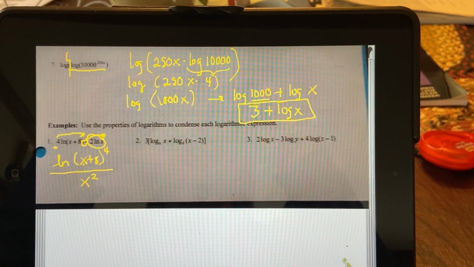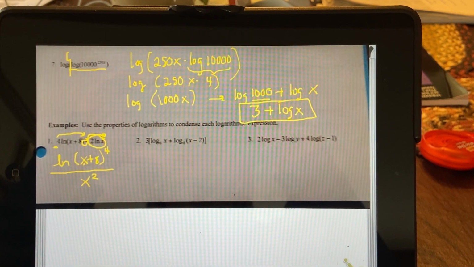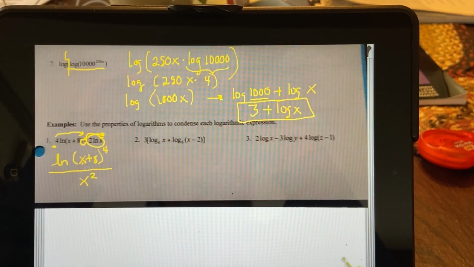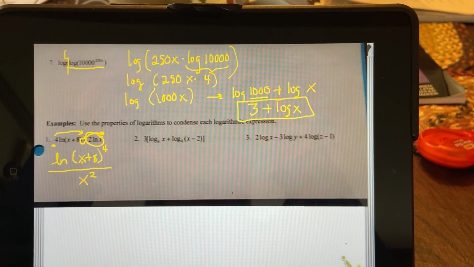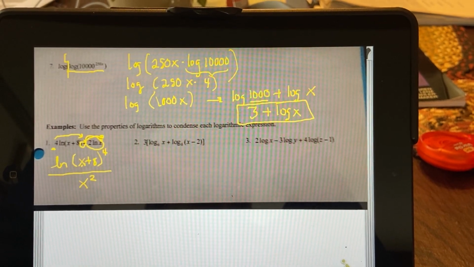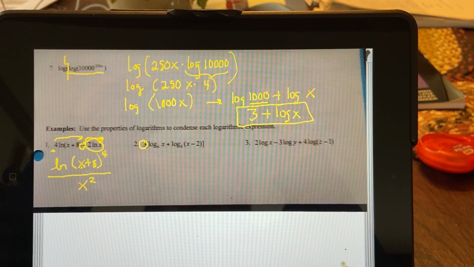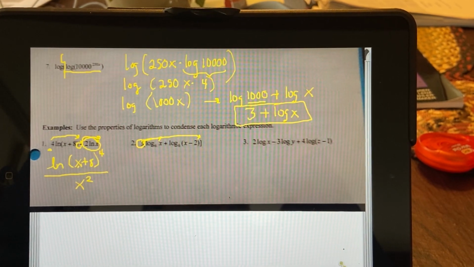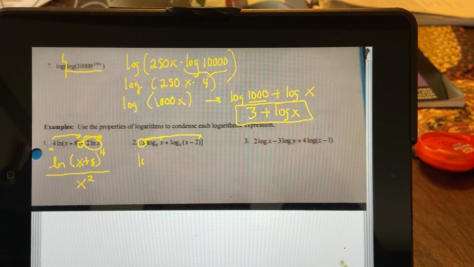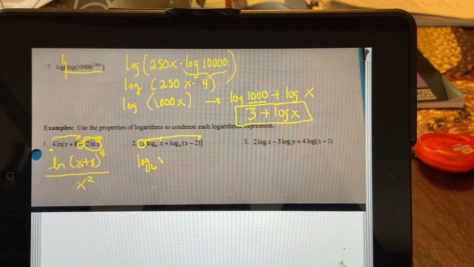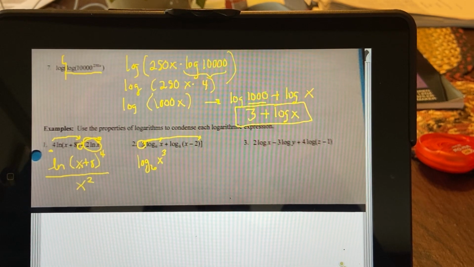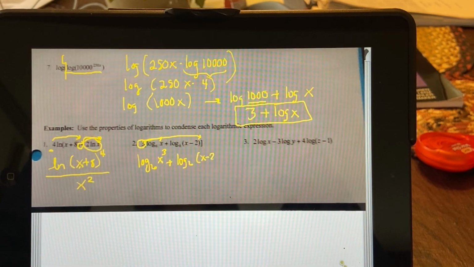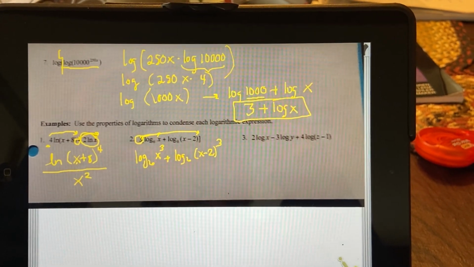Now, number 2, 3 is in front of every term. On number 1, 4 was in front of the first term, 2 was in front of the second term. 3 in number 2 is in front of every term. So it's like 3 came down in front of everybody. So he's there and he's there. So this is kind of what I got. Log base 6 x cubed plus log base 6 x minus 2 cubed.